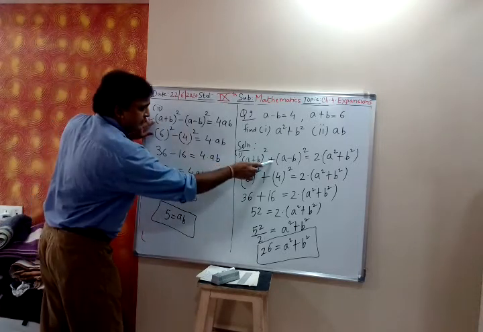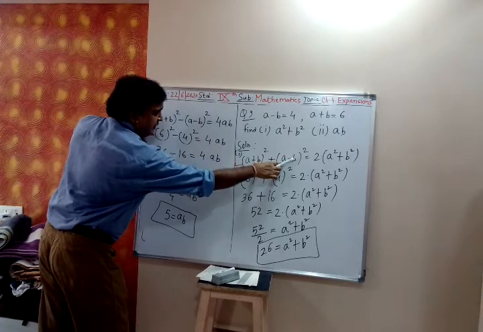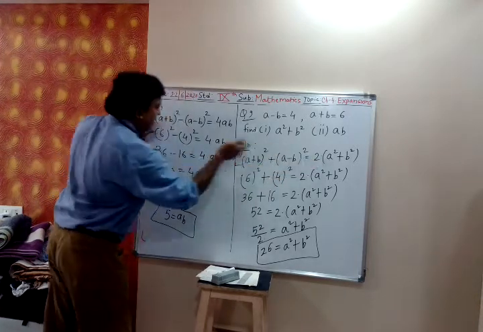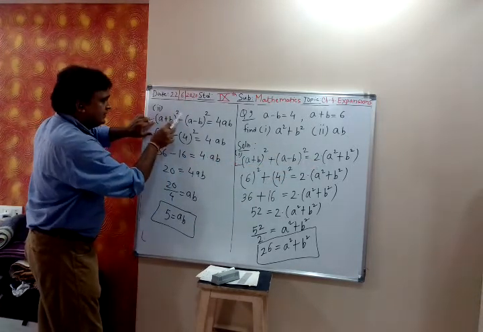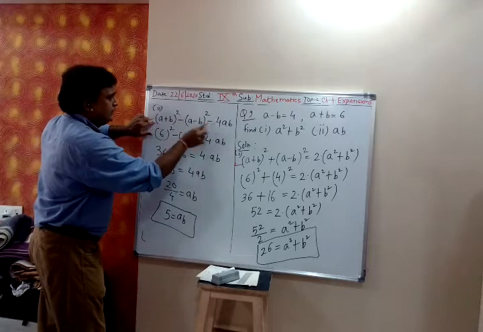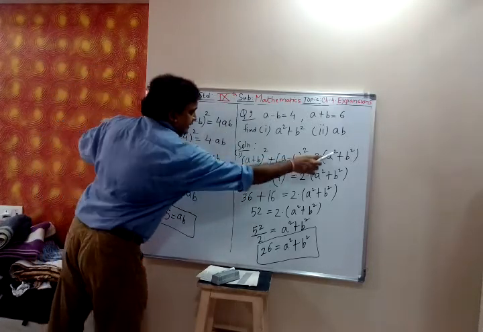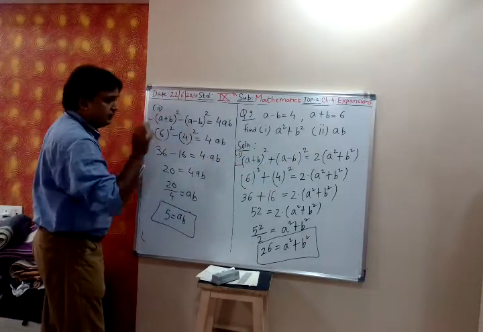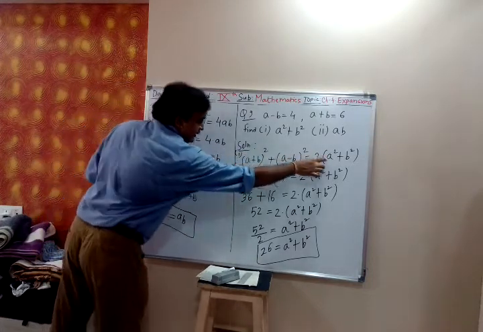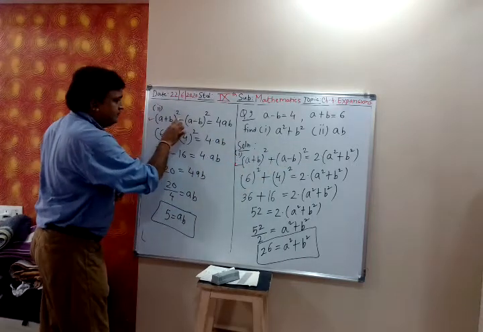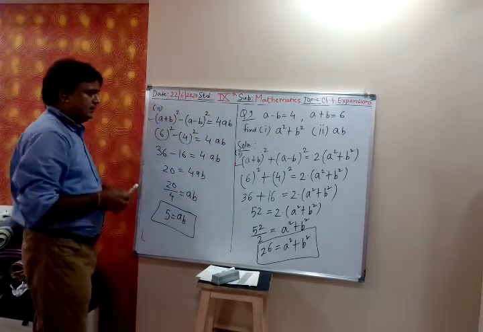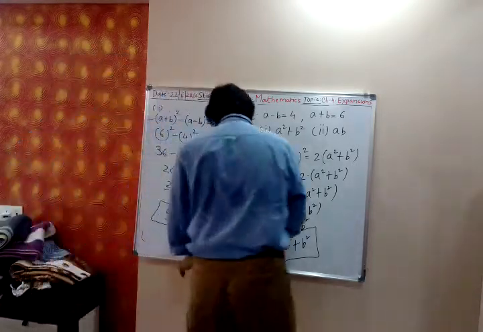If there is plus, it is 2 times a square plus b square. If there is minus, then it is 4ab, it is ab. In this way you should remember the formula.